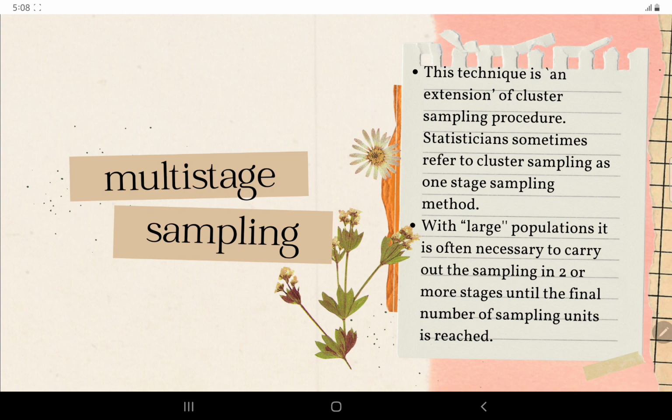And then daripada 4 negeri tu kita choose 5 district, 5 daerah daripada setiap 4 negeri tu. And then dalam setiap 5 daerah yang kita pilih lagi 10 orang ataupun 20 orang dalam setiap daerah tu. So maksudnya awak boleh nampak daripada negara kita masuk kepada negeri, masuk lagi dalam daerah, masuk lagi dalam kampung. So itu namanya multi-stage sampling.